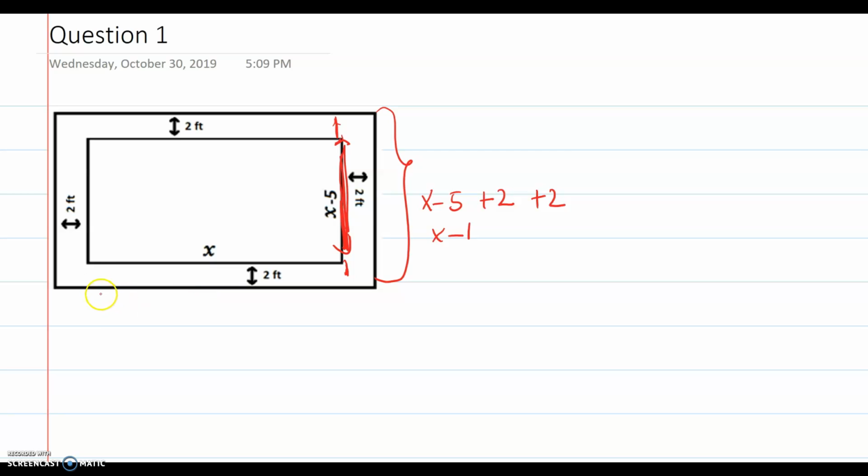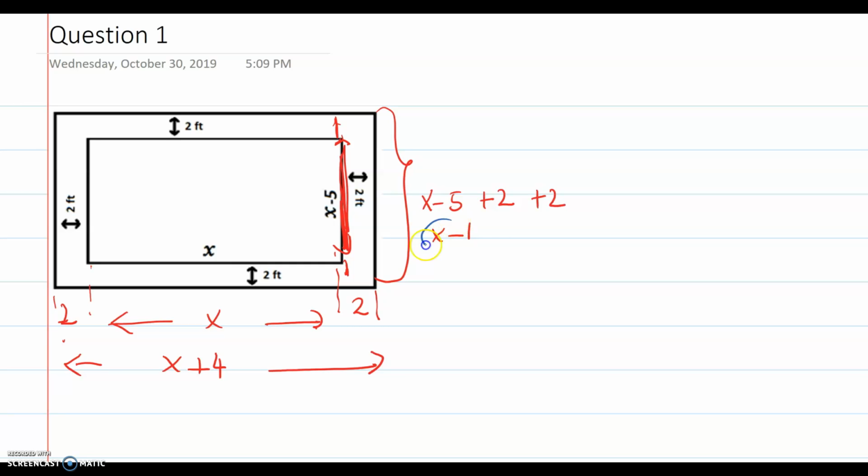So now we need to look at what's happening at the bottom. So we do have x. And we are adding 2 feet here and 2 feet there. So this length will be x plus 4, right?